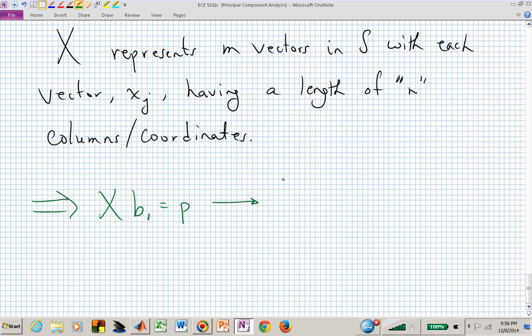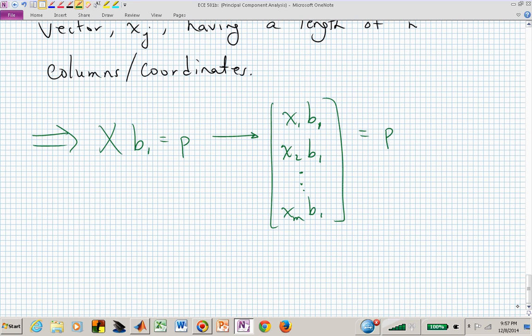So this looks like the inner product of x1 with b1. b1 is just a column vector, x1 is a row vector, x2 is another row vector of a second set of measurements, and we keep doing that for all of the measurements. x1 b1 is just going to be a scalar, x2 b1 is going to be a scalar, and we're just stacking those scalars into a column vector that we are calling p.